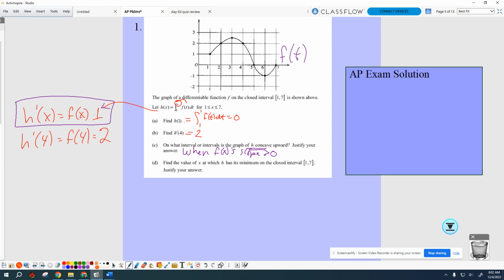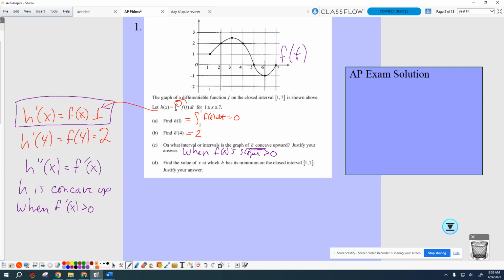Right. So let's check. If H prime is f of x, I need concavity of H, so I need the double derivative of H. The double derivative of H is the first derivative of f. So H is concave up when f prime is positive.